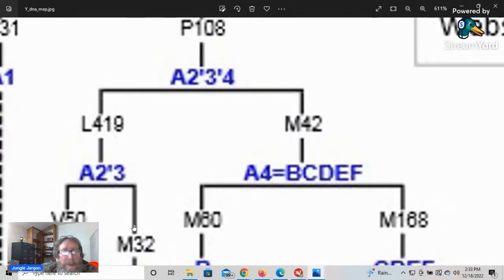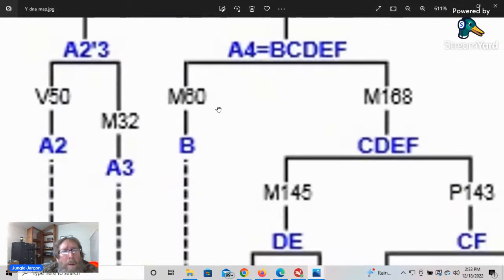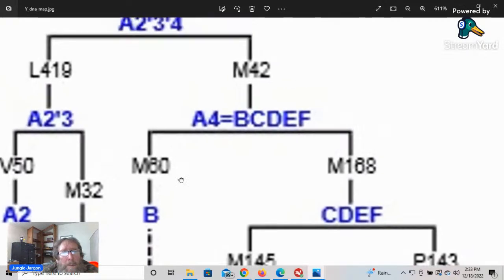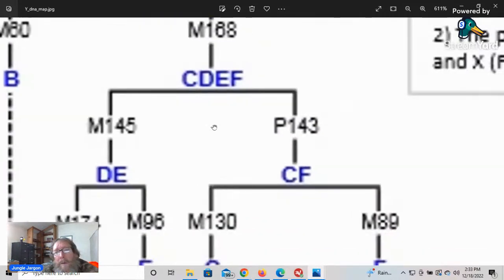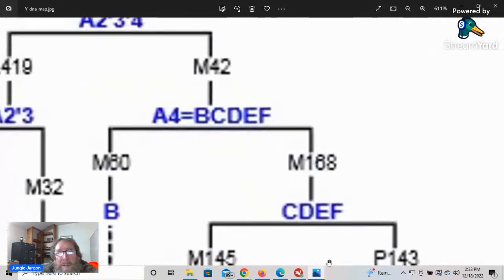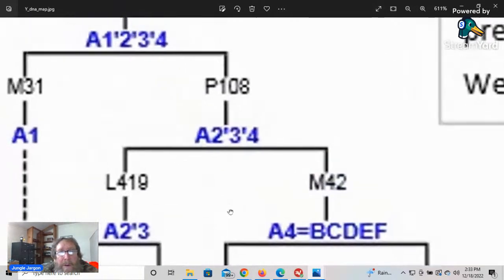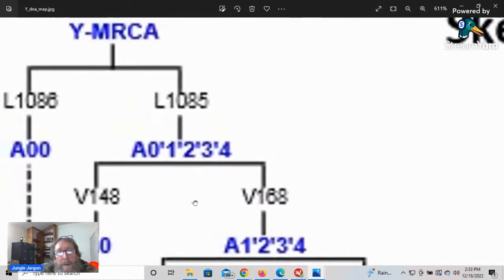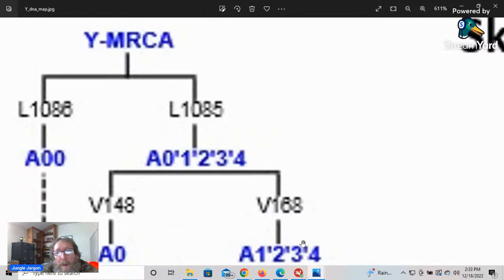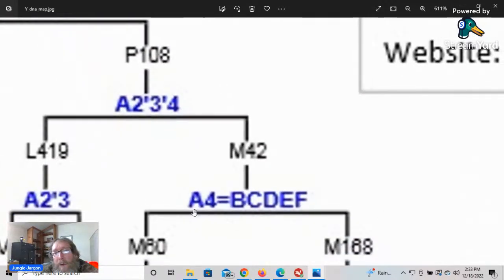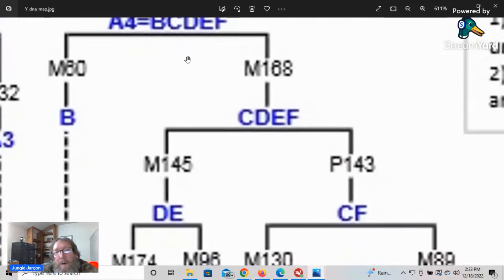So the sons of Cush would be A and B, as far as I can tell. But that's the way it has to go. That's the only way you can disprove an out of Africa claim, that instead of gaining these markers going left to right, they're losing the markers going right to left. So they're losing SNP markers.